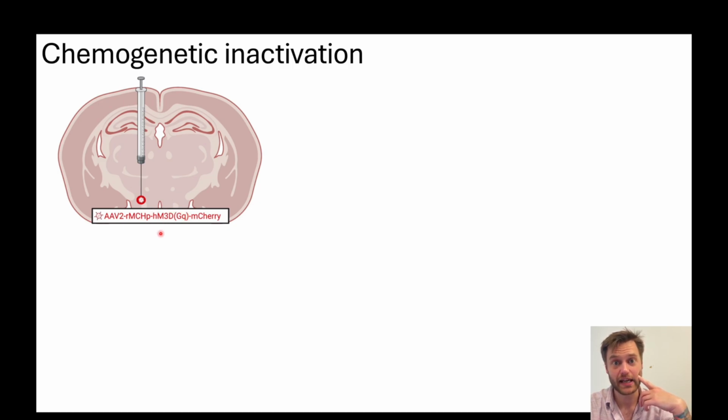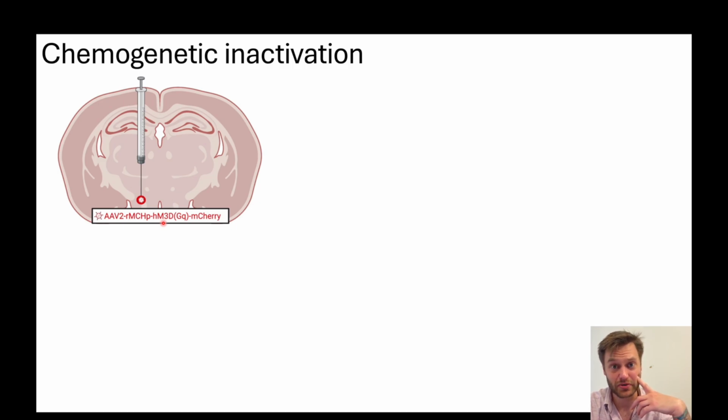So like I said, a DREAD, which is a designer receptor exclusively activated by designer drugs, is a synthetic receptor, meaning that the researchers took a real receptor, in this case a human muscarinic receptor. If you remember, muscarinic receptors, actually that's not fair because I don't think I told you guys this, but a muscarinic receptor is a G protein coupled receptor.